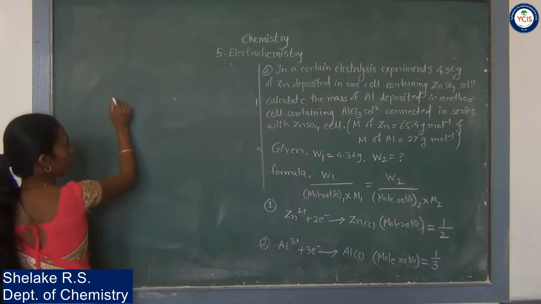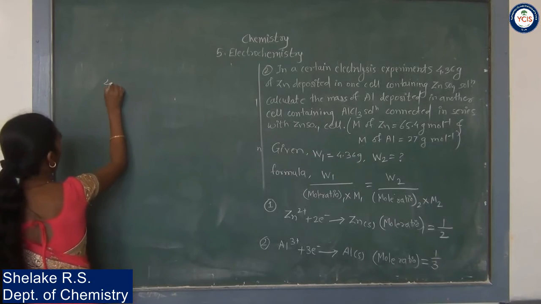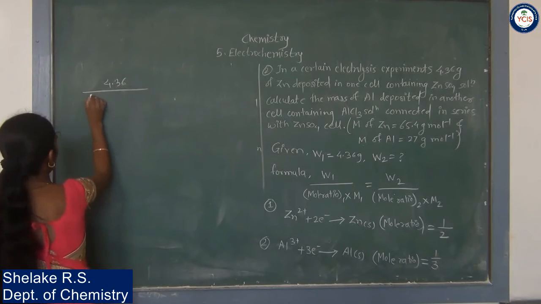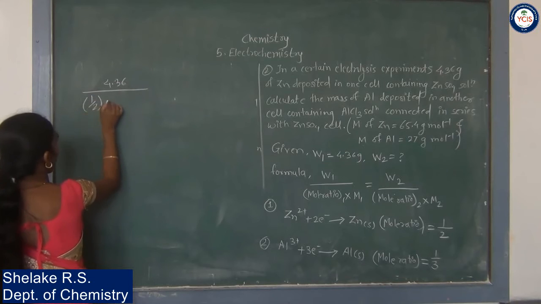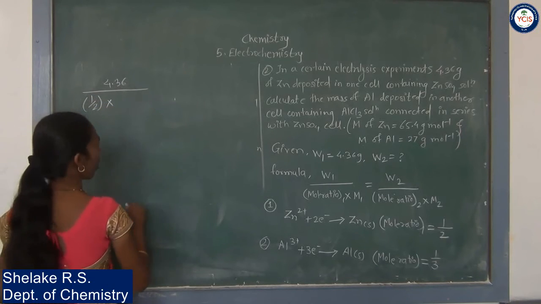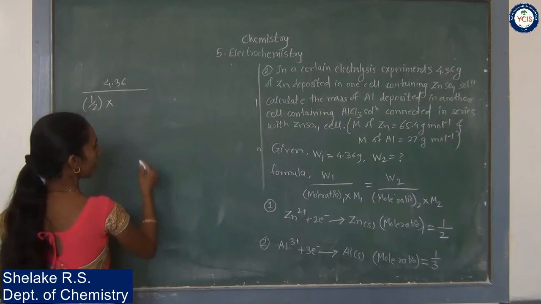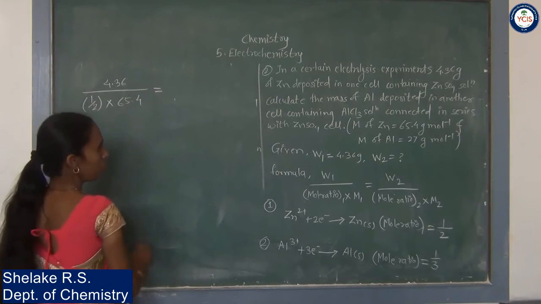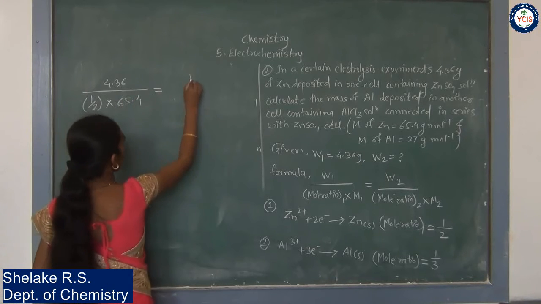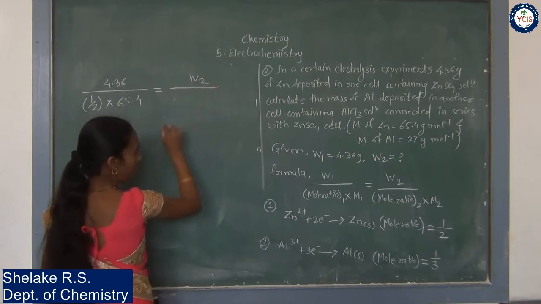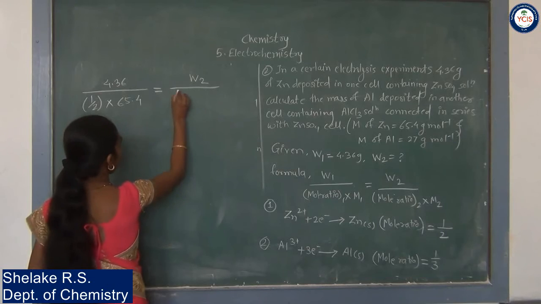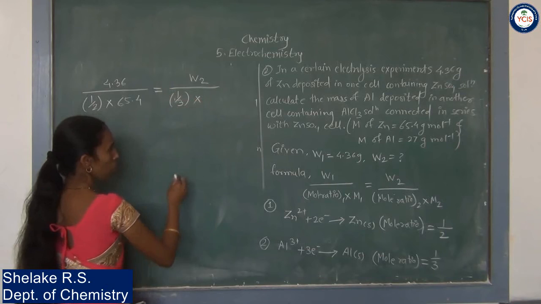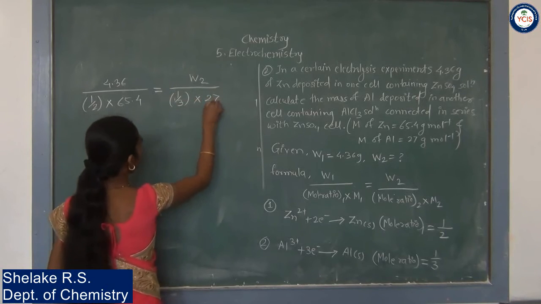See here, the value of W1 is 4.36 divided by mole ratio 1/2 into M1, M1 of Zn is 65.4, is equal to W2, that value we have to find, divided by the mole ratio for the second cell, 1/3, into the molar mass of aluminium, 27.